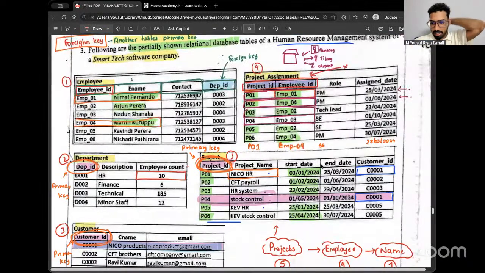In the project assignment table, what if the project P01 employee 1 is changing the role? And how can the primary key be for that? It doesn't affect the primary key.